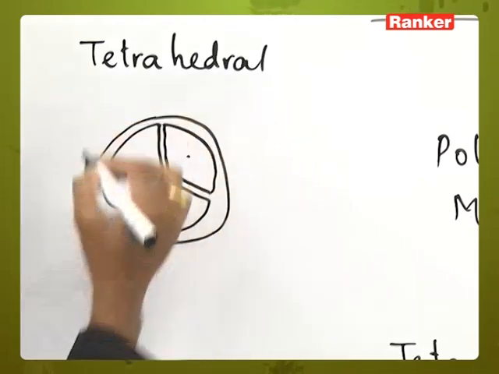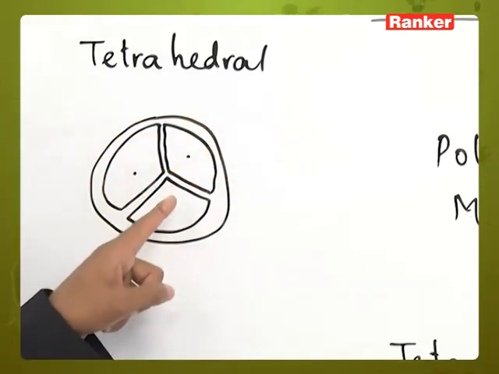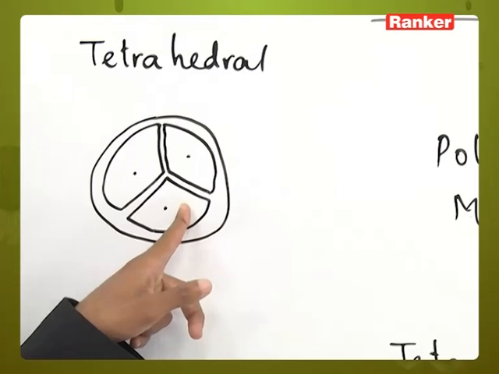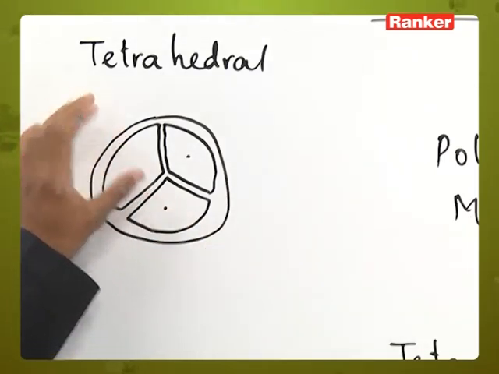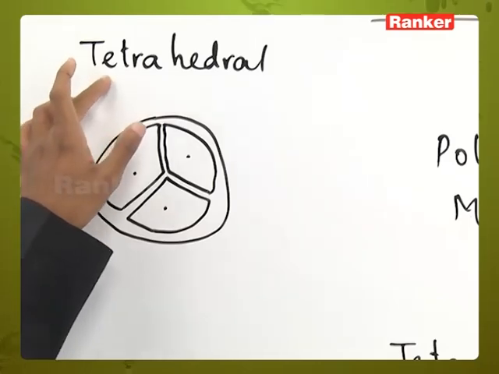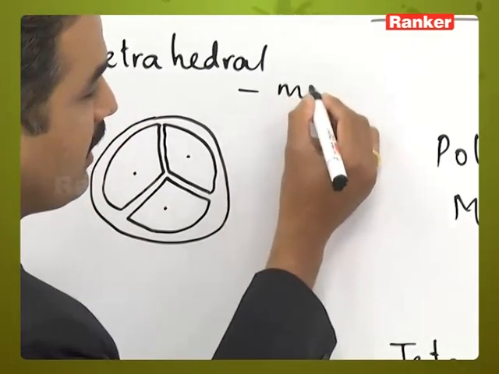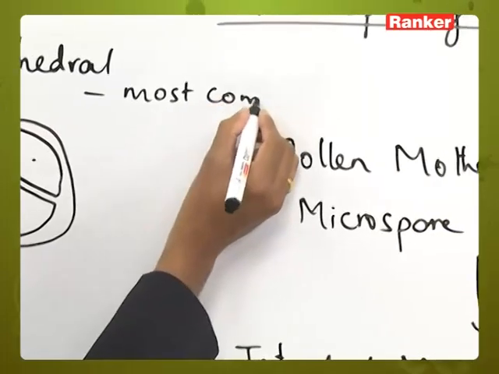This is called the tetrahedral arrangement. Actually, we can see 3 microspores here, but one more microspore is present on the other side of these 3 cells. So we call this arrangement tetrahedral, and this is the most common type of arrangement.